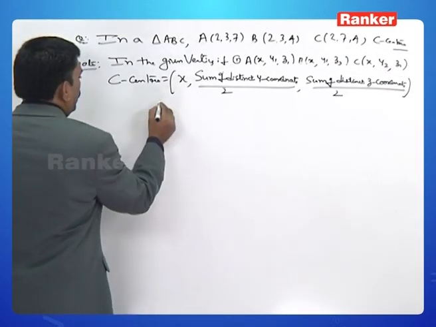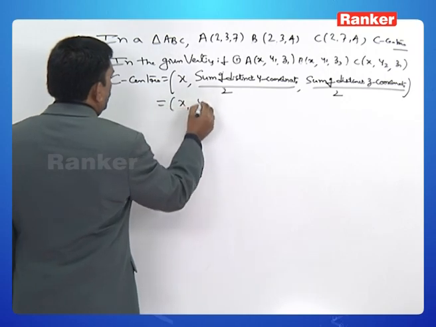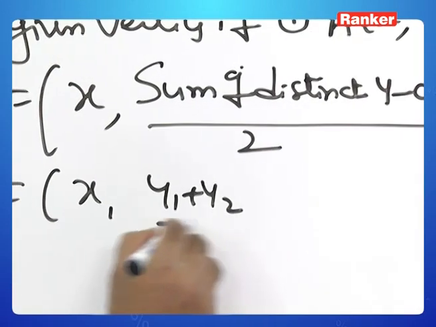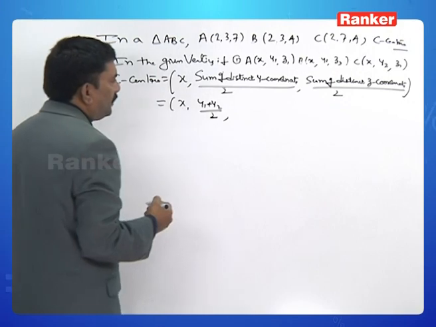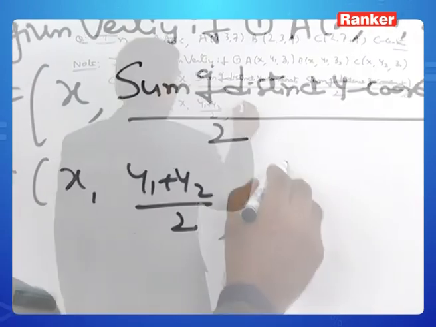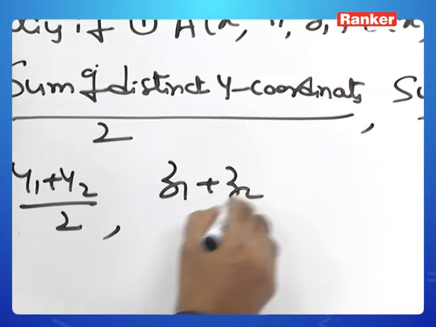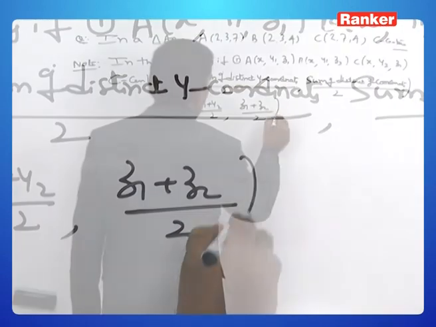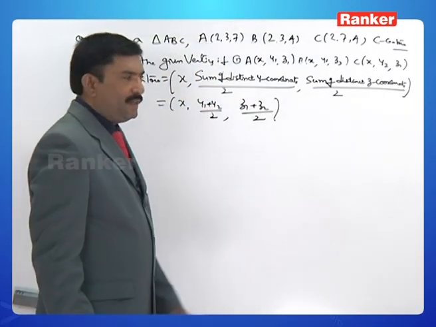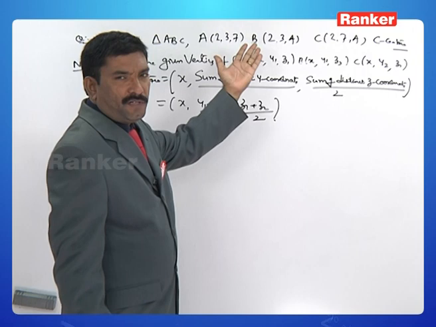So this is (x, (y1 plus y2) by 2, (z1 plus z2) by 2). This is the circumcenter.